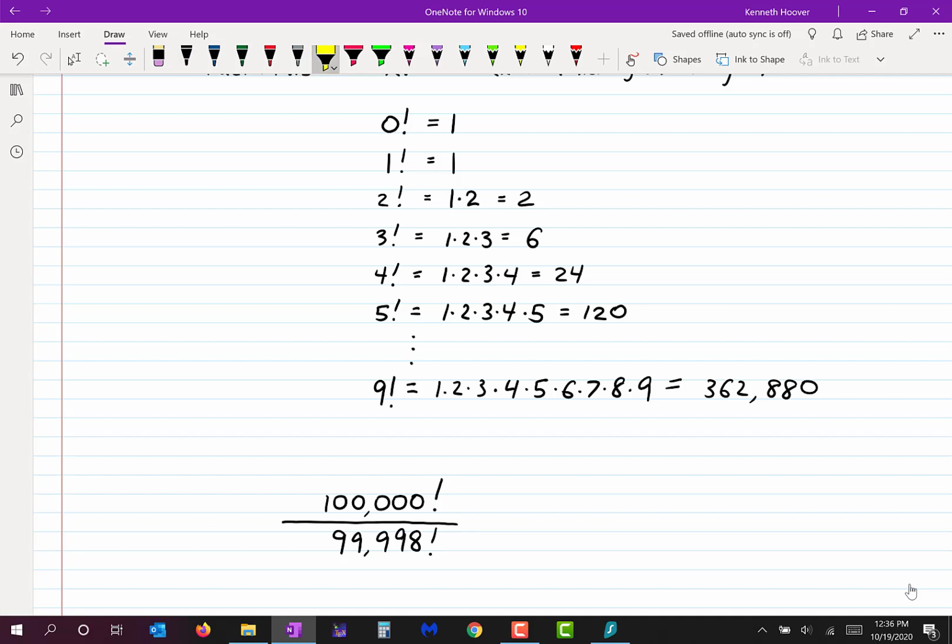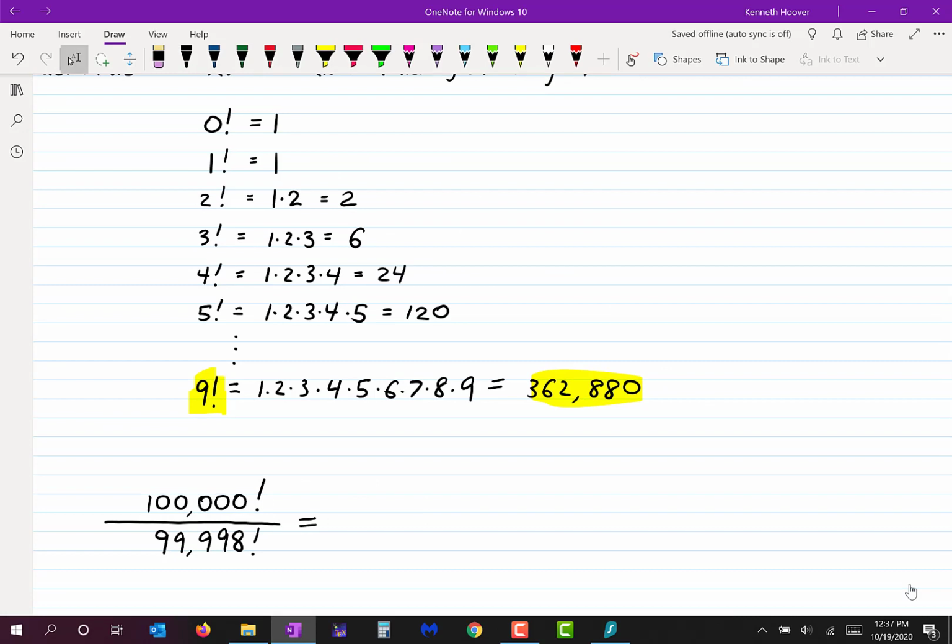Now, these numbers, if you look at this guy up here, 9 factorial is this big. Imagine how big these factorials are. They're astronomically big. You would not want to calculate this fraction by calculating those two numbers individually. No way. But you don't have to, because when you divide a factorial by a factorial, so much of it cancels out. Let's look at the bottom of this fraction first.